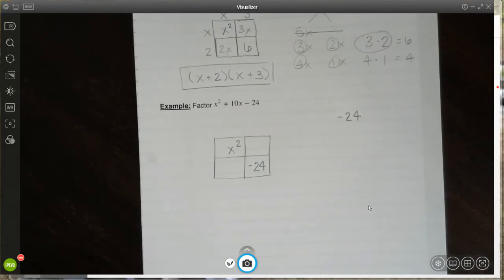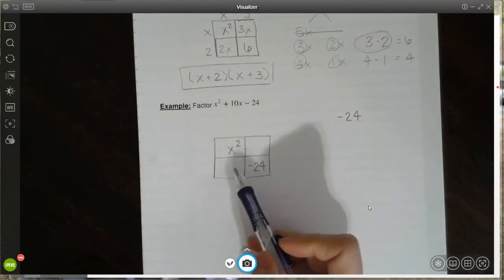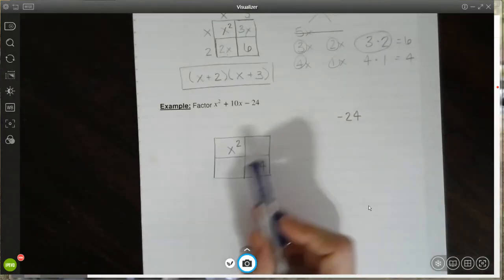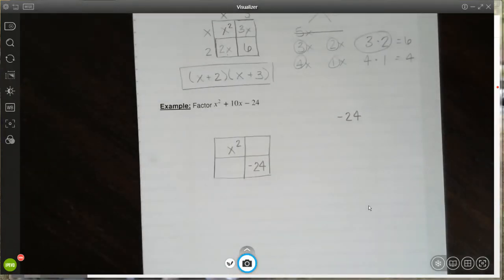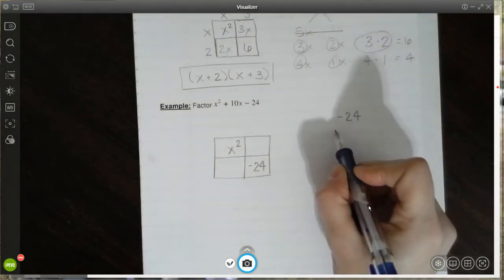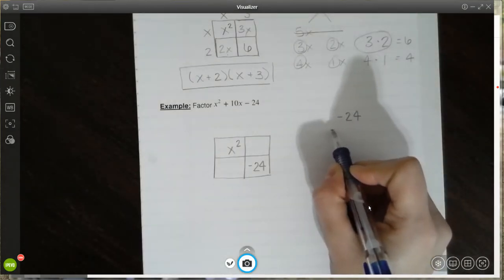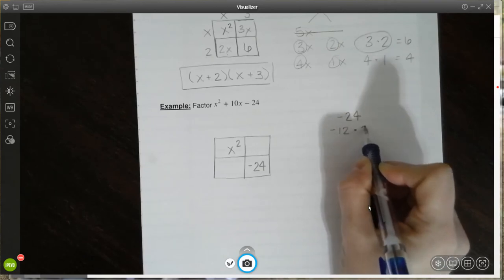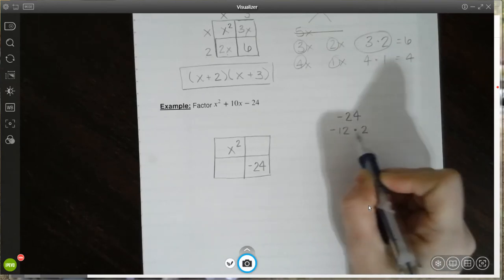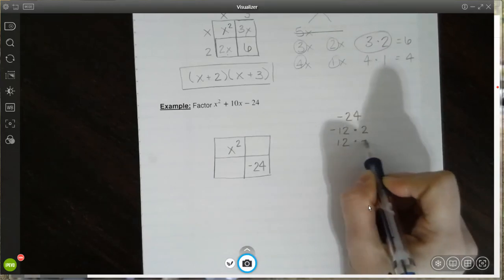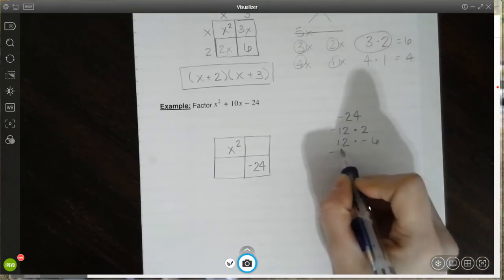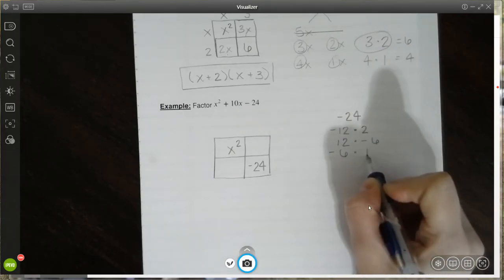Now I know that when I multiply these two lengths together, they have to create negative 24. So I'm going to start listing my options. Well, I could have negative 12 times 2. I could have 12 times negative 2. I could have negative 6 times 4.